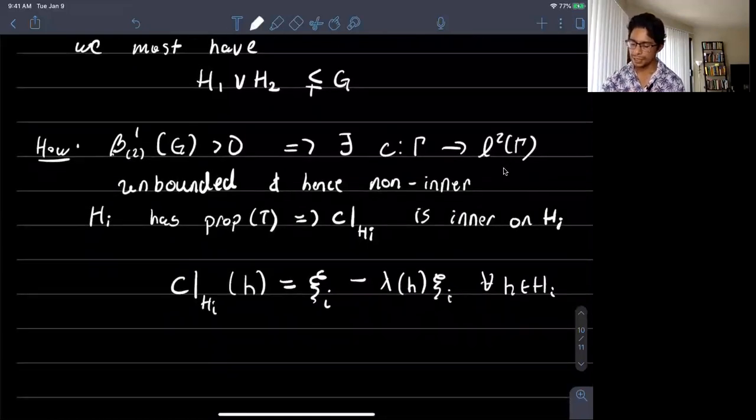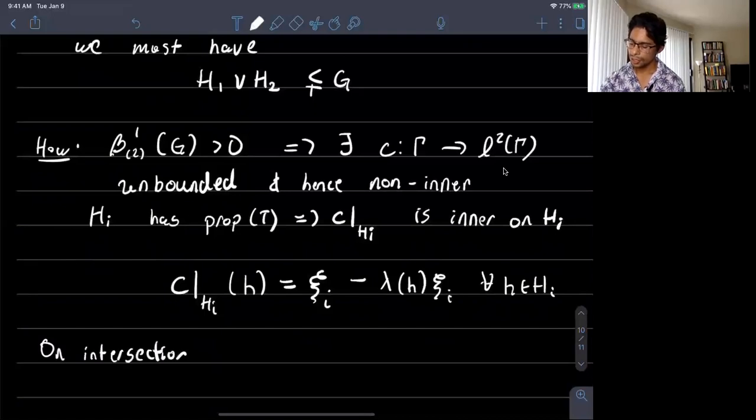Rearranging this, if you focus on the intersection, you get the following formula: lambda of H on XC1 minus XC2.